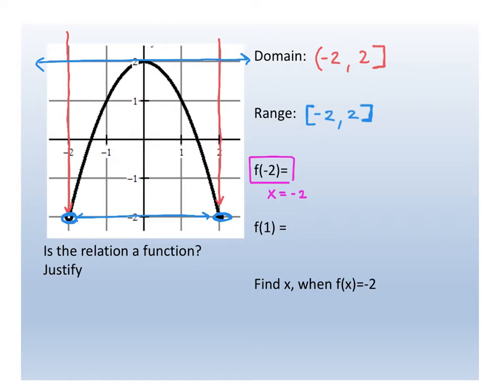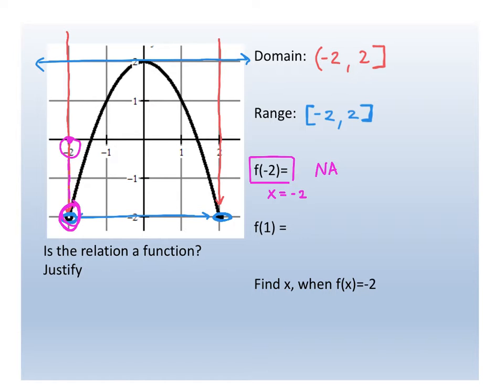Now, we're talking about this -2 right here. So if I go straight down, it's supposed to be there, right? But because it's an open circle, it does not apply. It does not touch that point. So the answer would be: does not apply to this point.